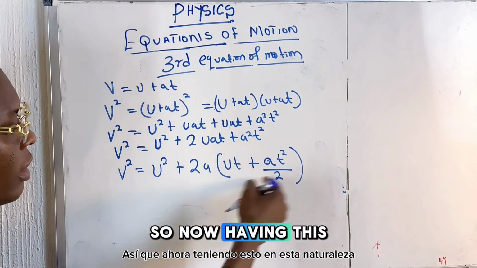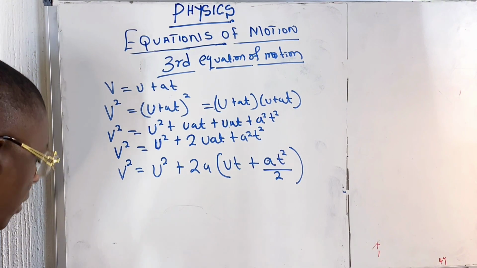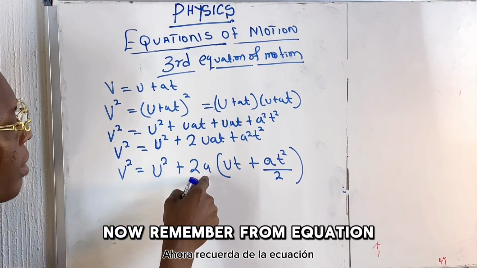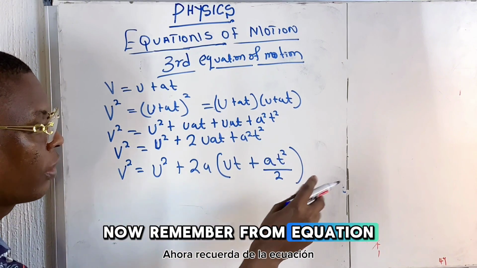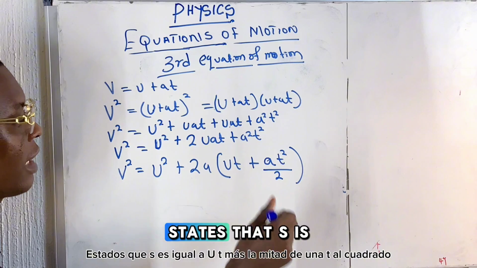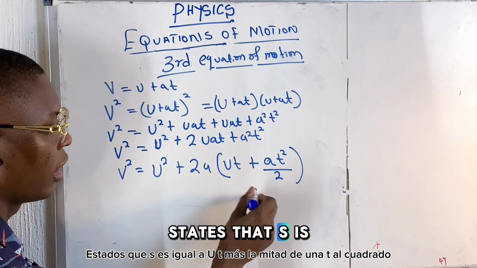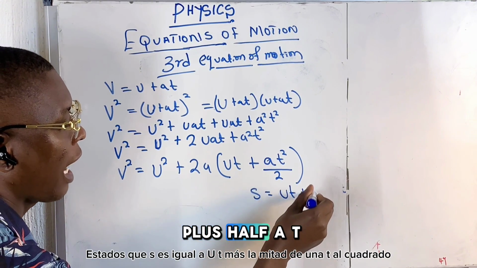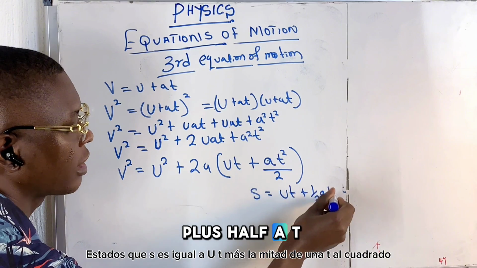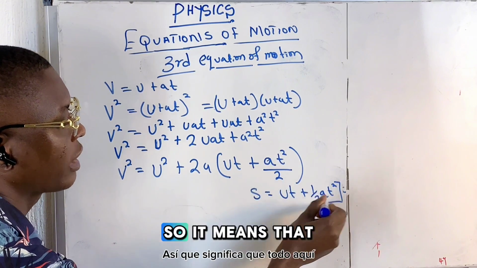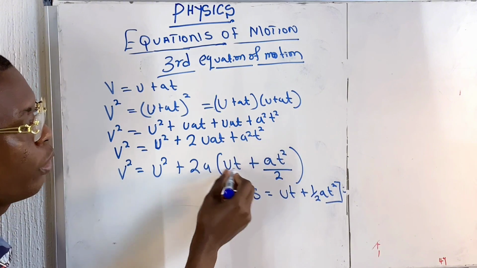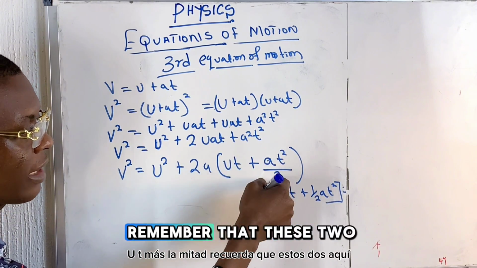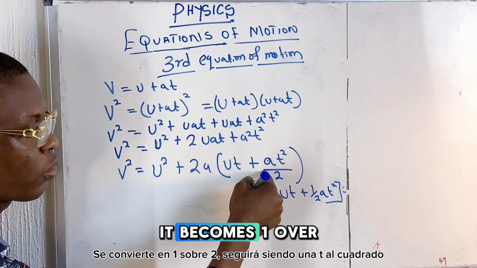So now having this in this nature, remember the second equation of motion states that S is equal to UT plus half AT squared. So it means that everything here, UT plus half, remember that this 2 here, if I should bring it to the front, it becomes 1 over 2.